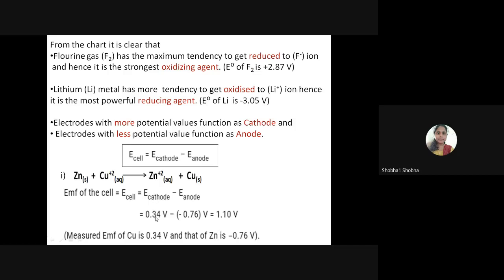Copper is 0.34 volts, and zinc is minus 0.76 volt. Therefore, E cell is 0.34 minus minus 0.76, minus of minus becomes plus. Altogether, it will be 1.1 volt for our copper-zinc electrochemical cell. Please remember these values so that you do not get confused in other calculations.